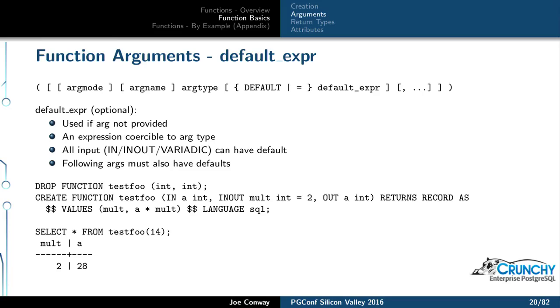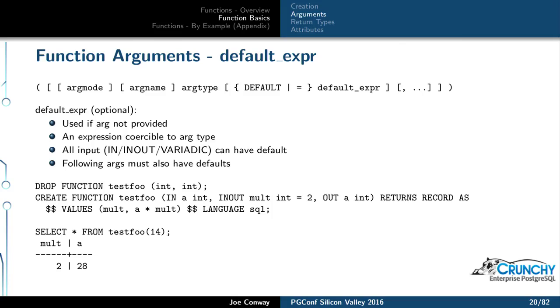But once you've used a default for one of the arguments, all of the following arguments must also have defaults. And again, this goes back to being able to resolve from the arguments that were passed what function we're actually calling. So as soon as we hit one that's got a default, assuming the user at runtime calls this function and doesn't supply that argument, then they're not going to supply any of the following arguments either, and they'll all get defaulted.